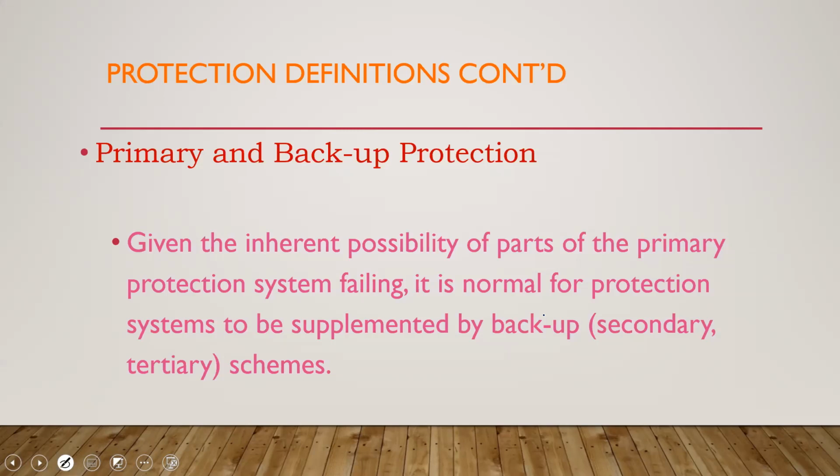So you have primary protection, which is the protection you want to use to remove the equipment during a fault, but there is the possibility that it can fail. So you want to have supplemental protection, which we refer to as secondary, or you can have tertiary schemes, again depending on how important the system or the equipment is.